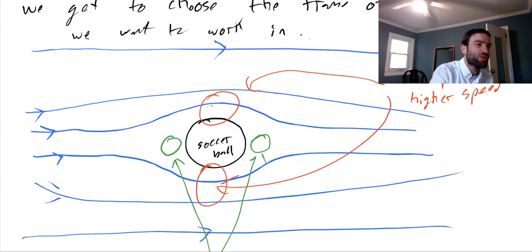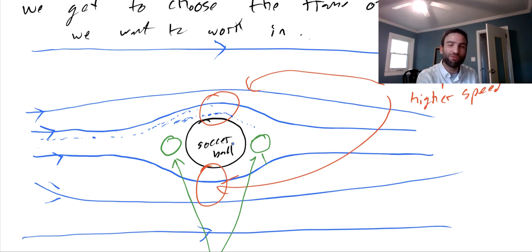Right? So, as air starts moving towards the soccer ball, it sees this region of higher pressure. We know that fluids want to accelerate from regions of high pressure to regions of low pressure. So it starts bending around the soccer ball towards this low pressure region. And then it continues to follow the soccer ball, a combination of it accelerating in response to changes in pressure. So here, as it goes from low pressure, it tries to bend away from this high pressure region, and that makes it hug the soccer ball and join up behind it.